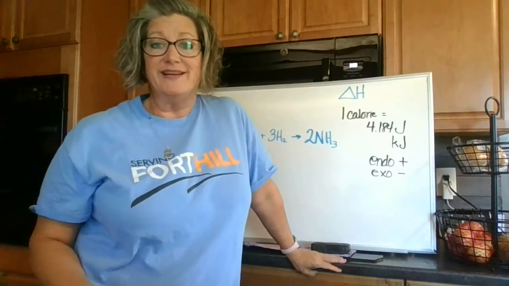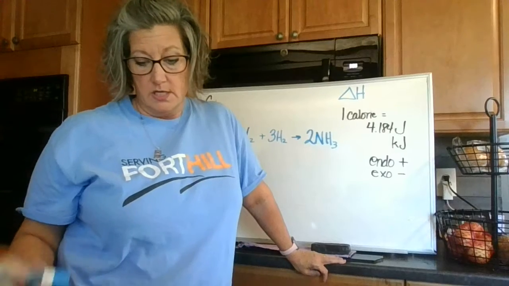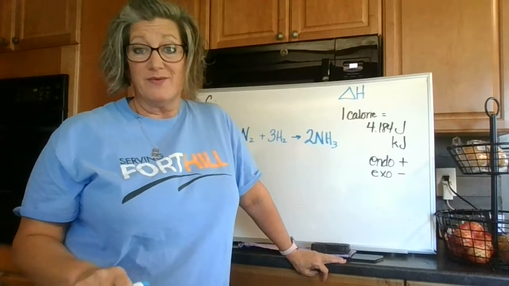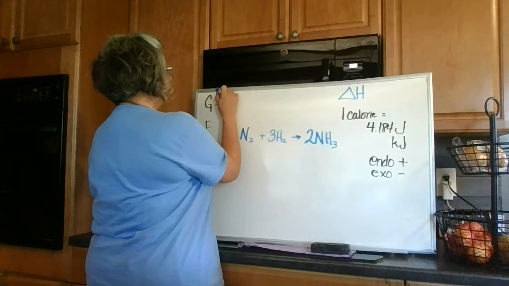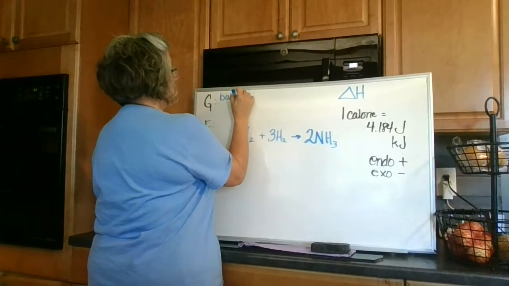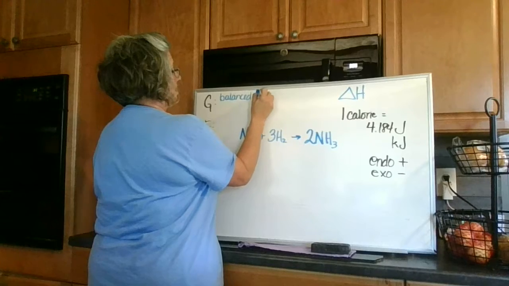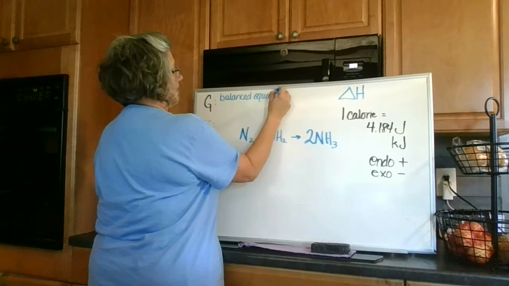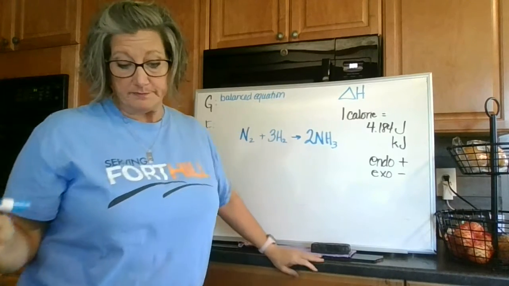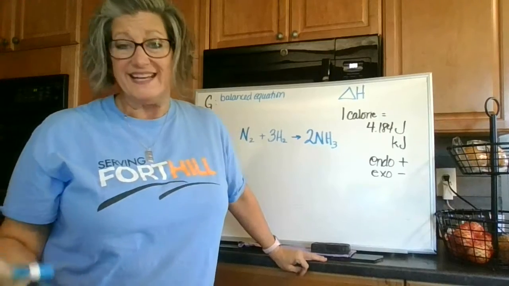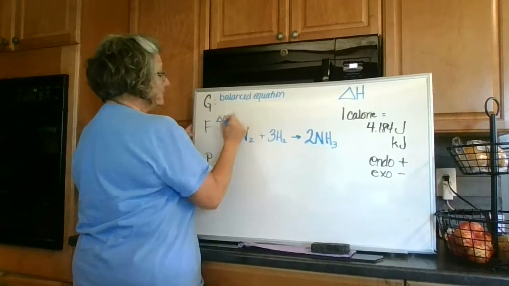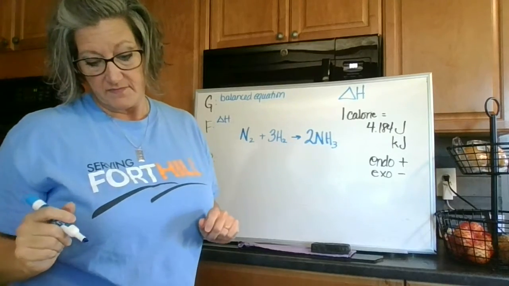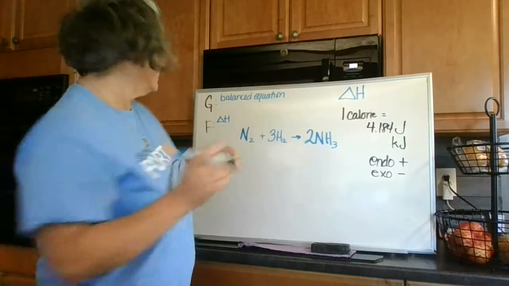Remember that NH3 is ammonia. So we're given our balanced equation. Then, what is the enthalpy? We're looking for the enthalpy. And is it endothermic or exothermic?